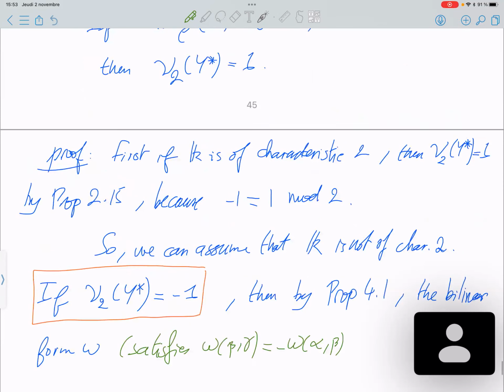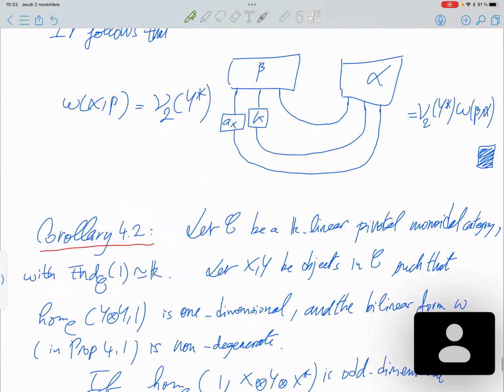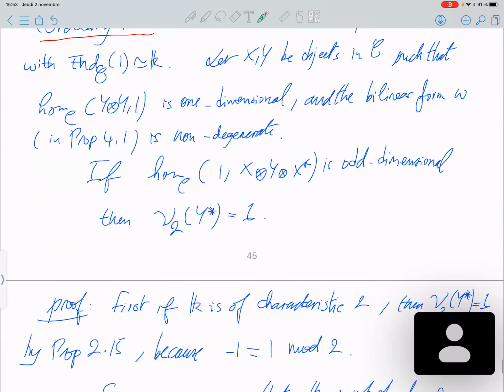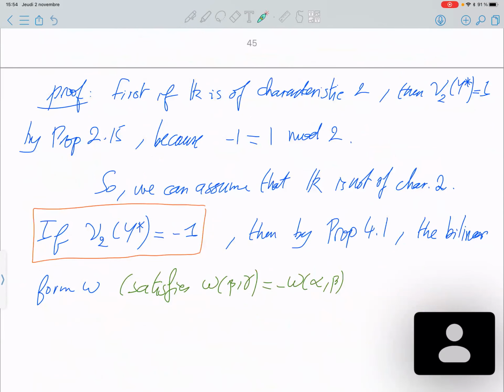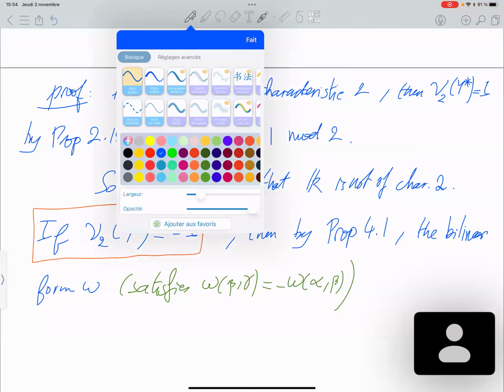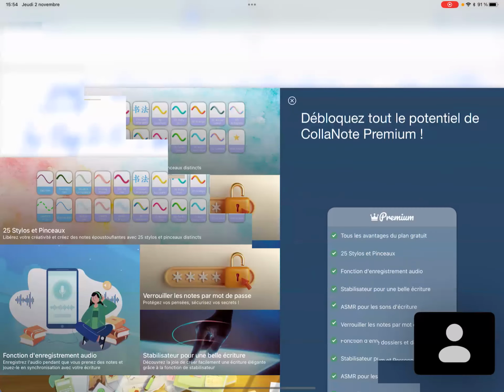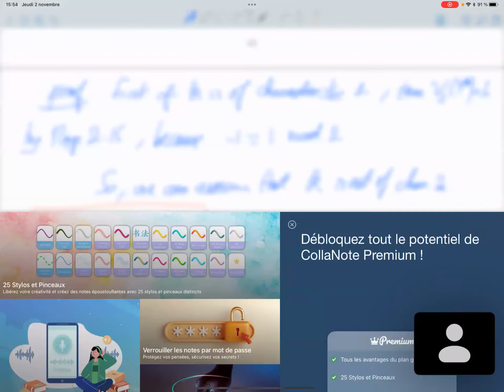Remember, this is up to this constant. So if you assume this constant to be minus 1, then we have that. So you can directly say that this bilinear form is represented by a skew-symmetric matrix.